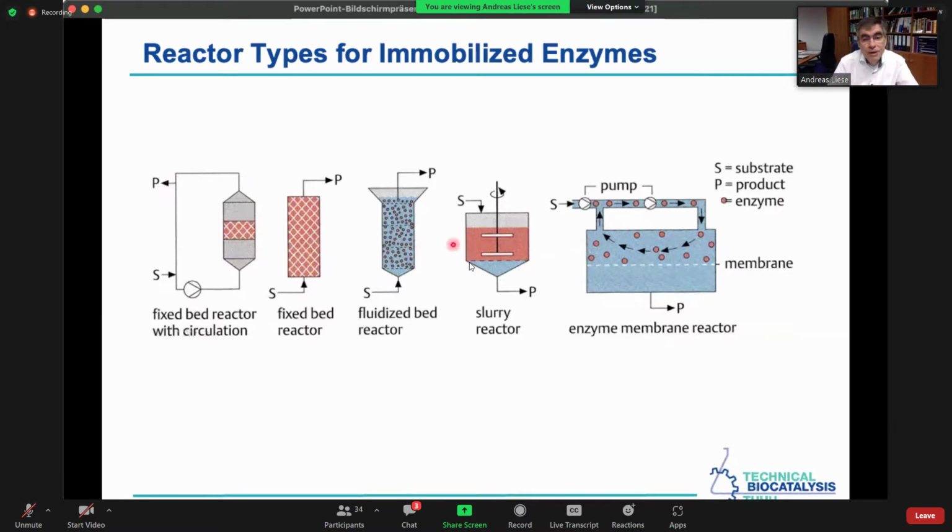Now, if you compare the slurry reactor to the fixed bed reactor, there's a significant difference where we can already, without knowing anything, assume we have a high diffusion limitation in this reactor. Why is this?